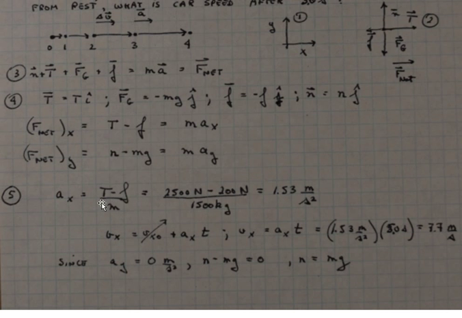All right, so continuing on with the x solution. a sub x is 1.53 meters per second squared, so we can now use the first kinematic equation, knowing that the car started from 0, to state that v x is equal to a sub x times t. 1.53 meters per second squared times 5 seconds is 7.7 meters per second to 2 sig figs.